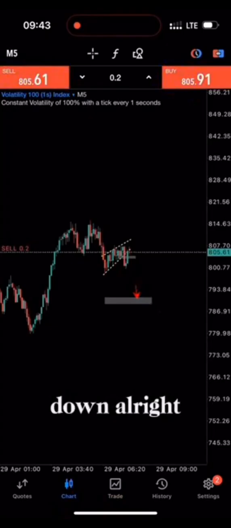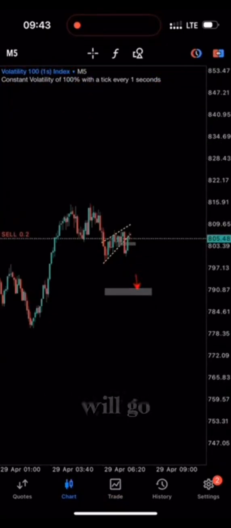I'm expecting that it will go down because it did not actually make a fake out. It just touched the trend line, but then it closed outside the trend line, not inside. So it has to actually go down. Basing on that, that is how I'm able to make my analysis.